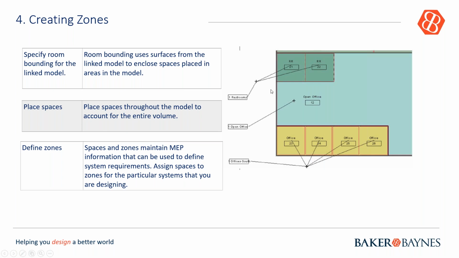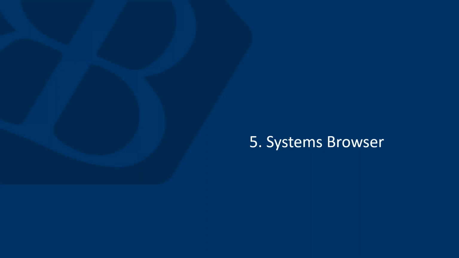Basically it's dividing the building into zones, like it's shown here on this image. And each zone consists of similar spaces that are going to be heated or cooled in the same manner. Now, there's always one default zone in the project, right? All spaces are then automatically attached to that zone when they are initially created.